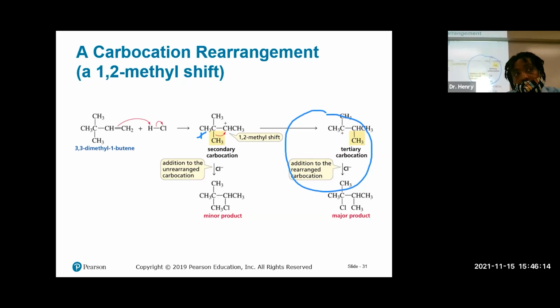One of the methyl groups would rearrange. Okay. So if these were all 3 ethyls, then one of the ethyl groups would be able to switch and rearrange, right?